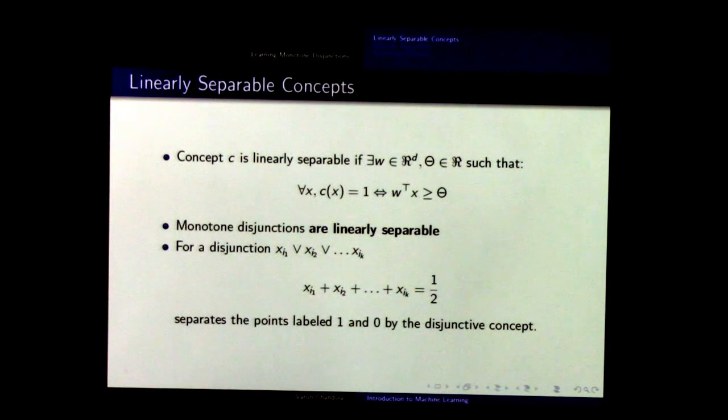Now quickly coming to your point, why do we say that if it's a disjunctive concept there will be a line? A simple proof is this. What is a disjunctive concept? It is basically a subset of all your D attributes, right? So it could be x1 or x2 or x4.